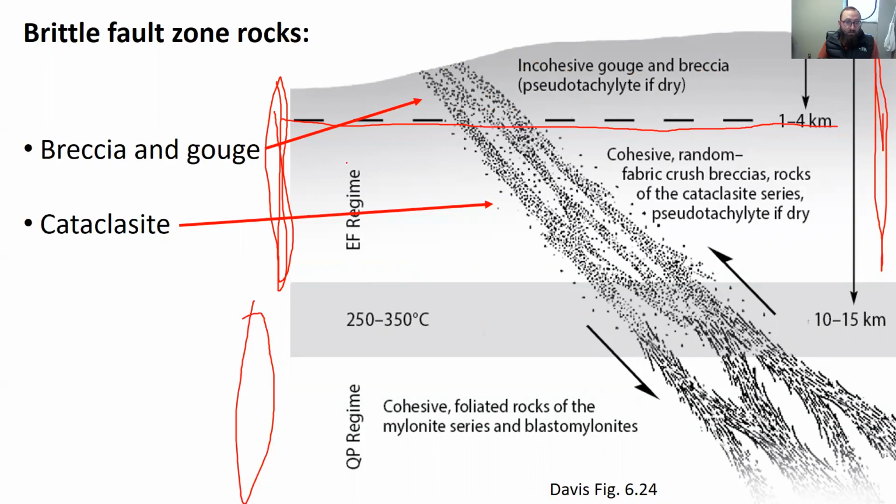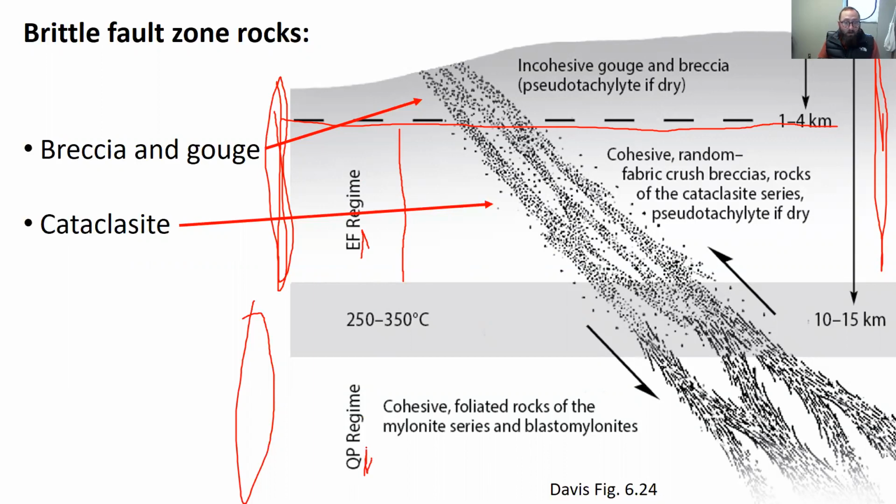At deeper depths, we get the formation of cohesive, well-indurated cataclasites, from depths of 4 kilometers down to 10 to 15 kilometers, depending on local conditions. This notation EF is the elastic frictional regime, and QP is the quasi-plastic regime.